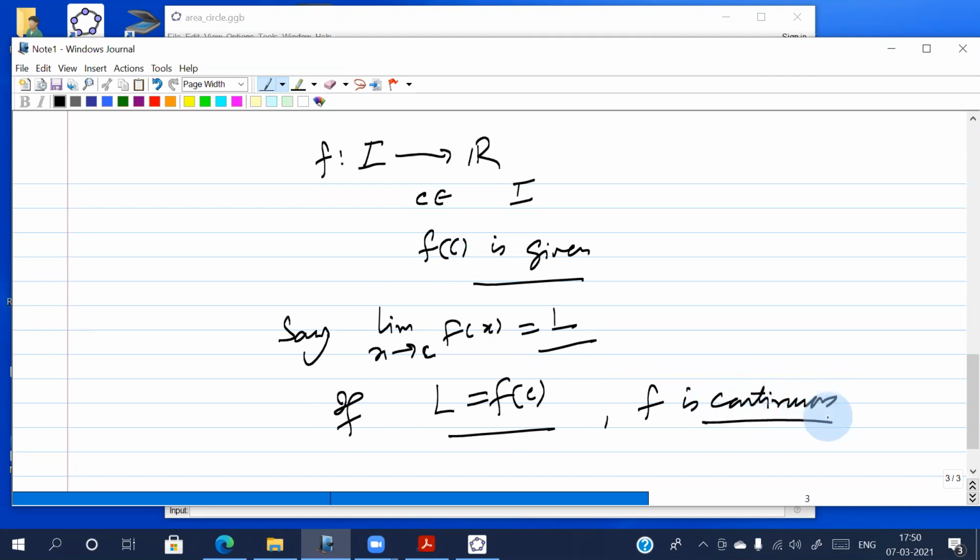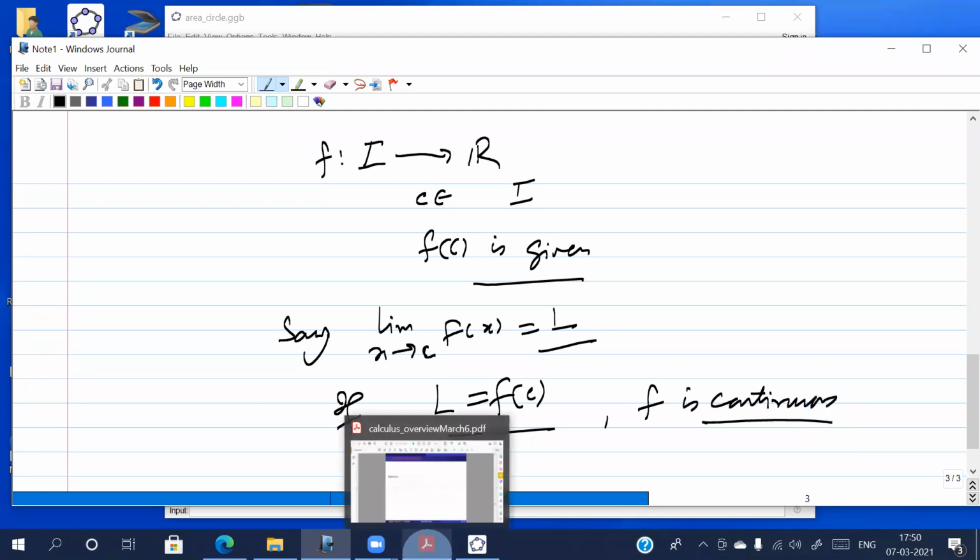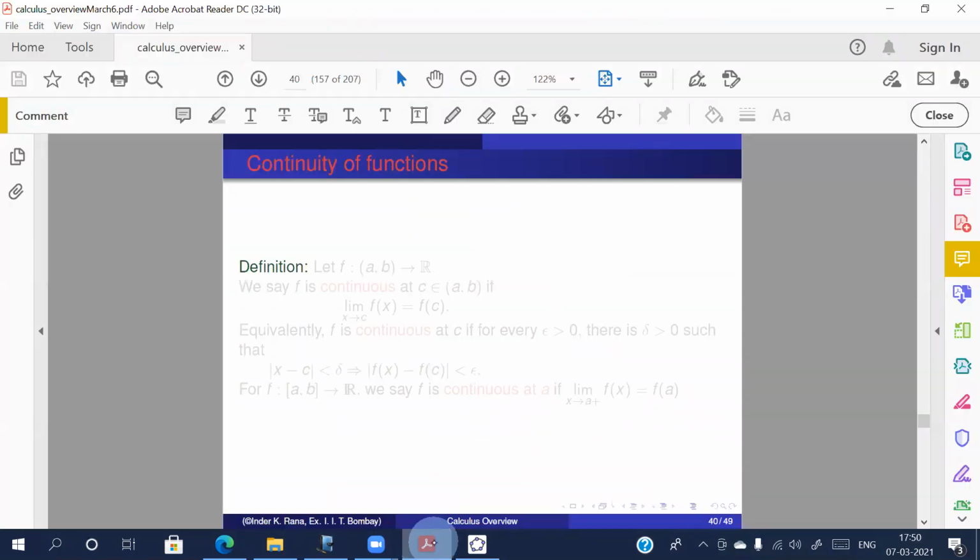So continuity should be taken as the actual value being what we expect by looking at the function at nearby points. So that is a way to understand continuity. So continuity of functions can be defined.